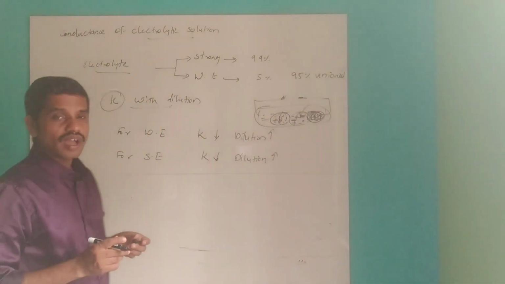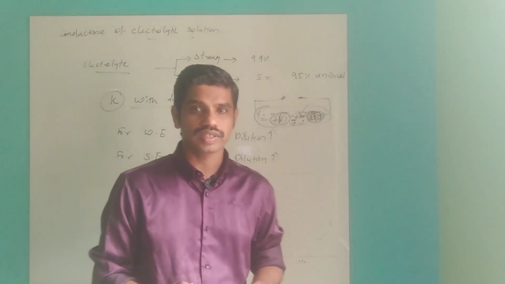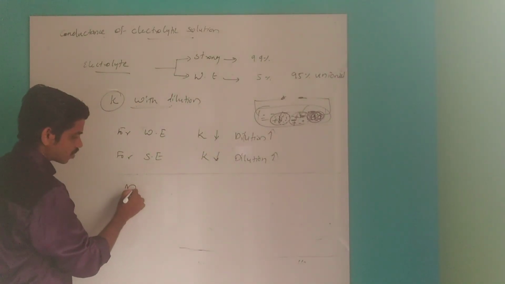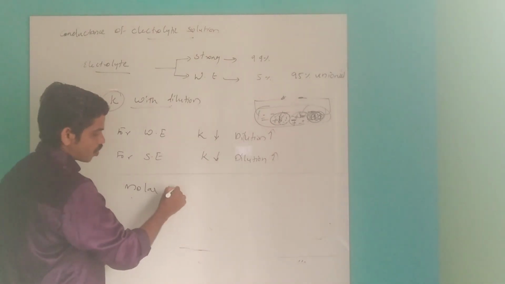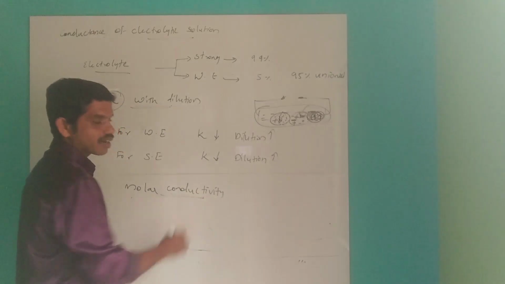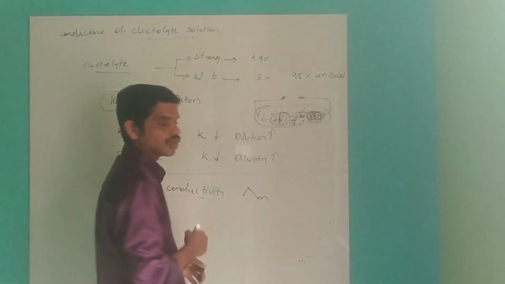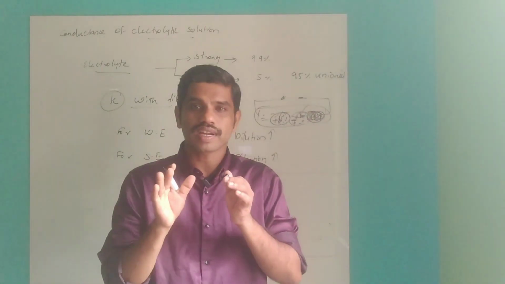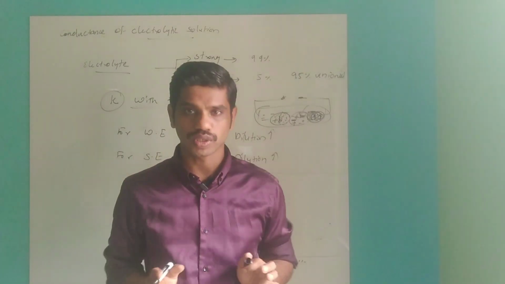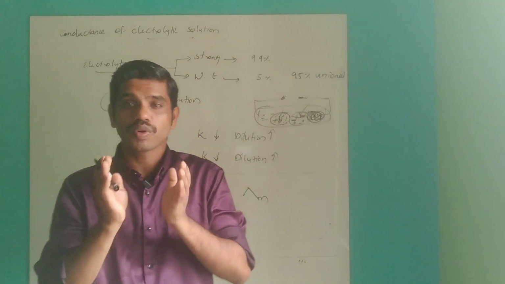Now another thing is there, that is called molar conductivity. Molar conductivity is very important. So what do you mean by molar conductivity? Molar conductivity is represented by lambda m. Molar conductivity means the conductance produced by 1 mole of a solution. So it is not depending on the volume, it is depending on 1 mole.